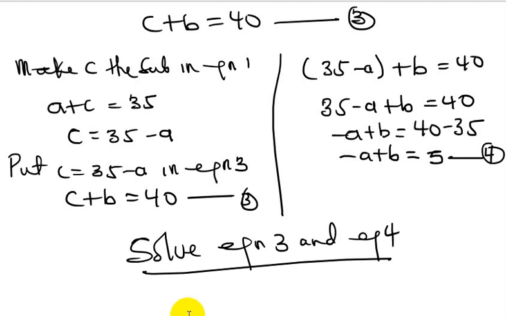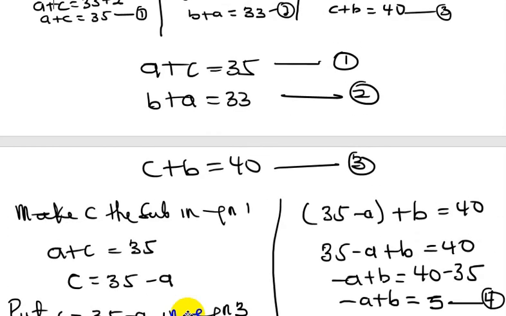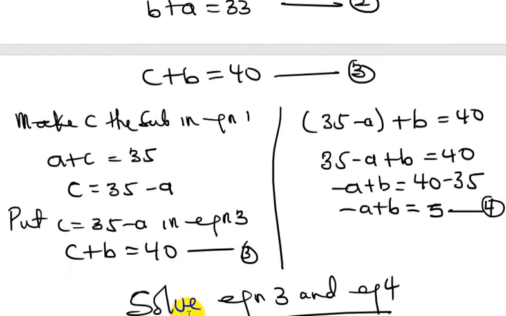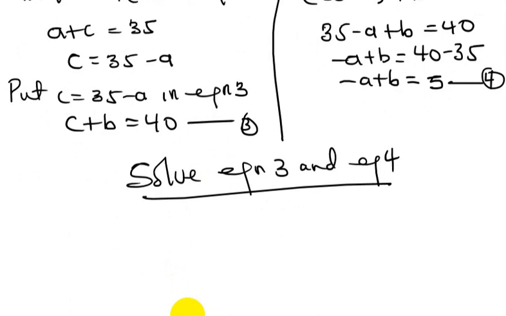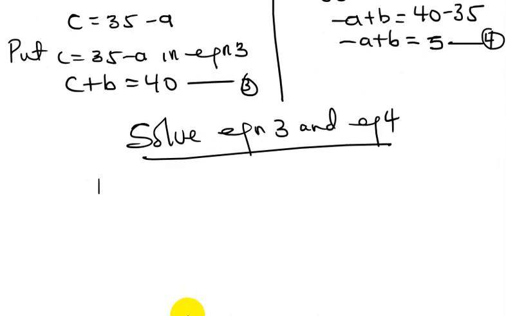So equation 2 says B plus A equals 33. It says B plus A equal to 33. That is equation 2. But equation 4, I can rewrite it as the way equation 2 is written.